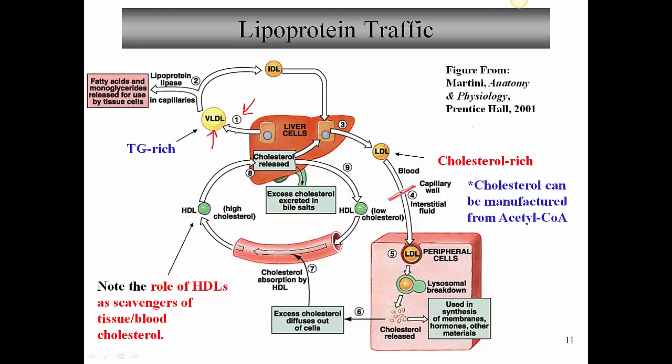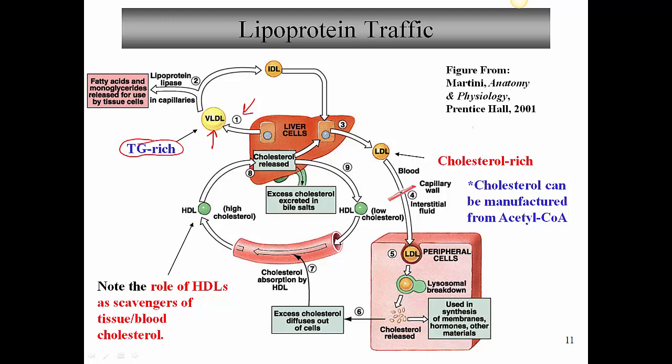It first creates VLDLs, which are called very low density lipoproteins. Now, the density of a lipoprotein is really dependent on the ratio of protein and fat in the lipoprotein. The more protein there is, the more dense. The more fat there is, the less dense. So a very low density lipoprotein is going to be carrying a lot of fat.